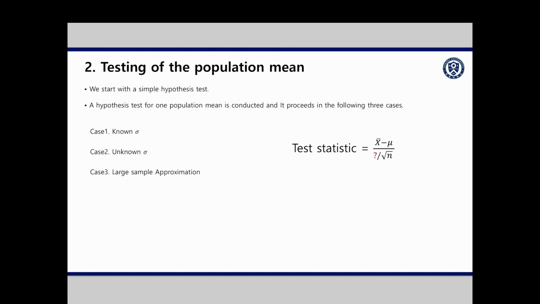So far, we have examined the process of hypothesis testing step by step. In this chapter, we'll look at hypothesis testing regarding the population mean. Consider a population with a population mean mu and population variance sigma square.